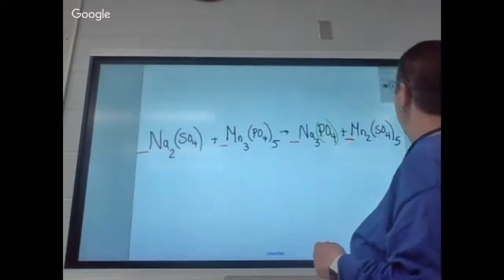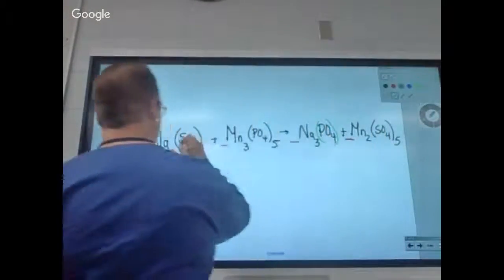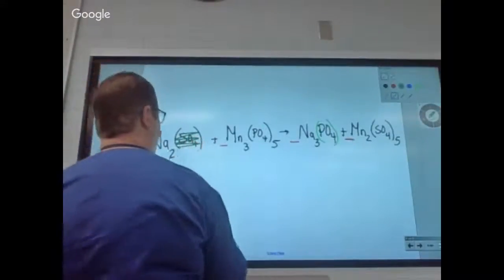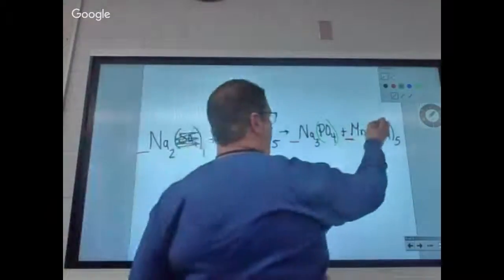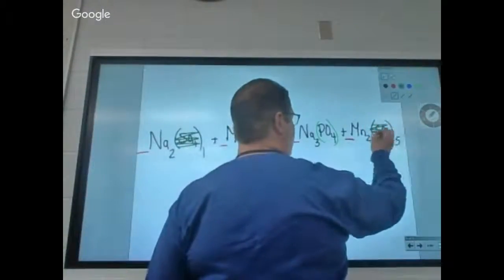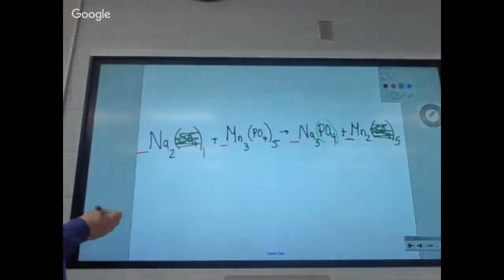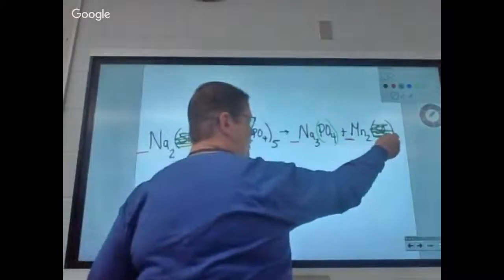Okay? So rather than have to count sulfur separately and sulfur separately, how many sulfates are on this side? There's one. How many sulfates are on this side? 5. Now, why did I put the little zigzaggies in there? Does this match this? Yes.